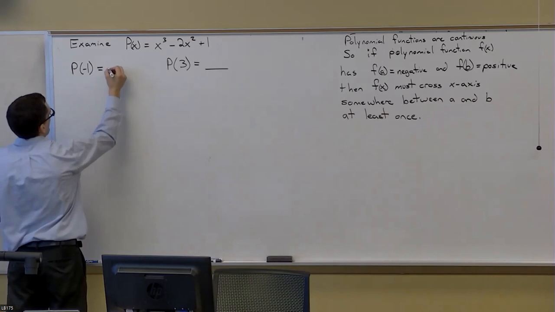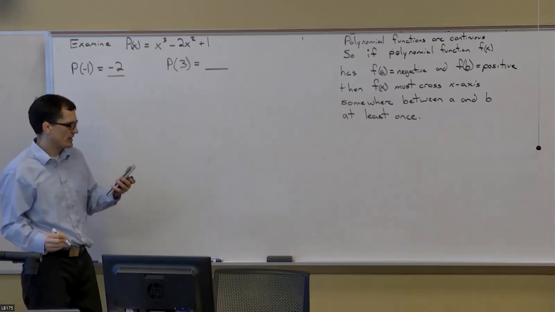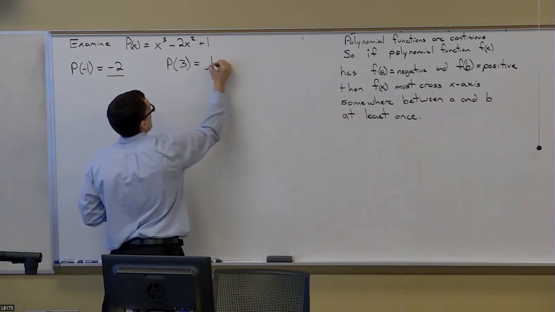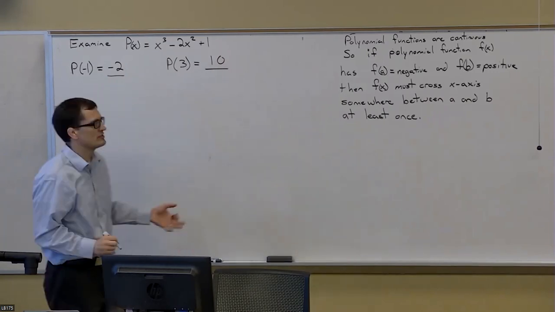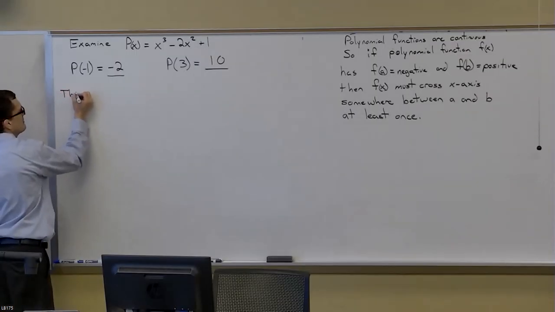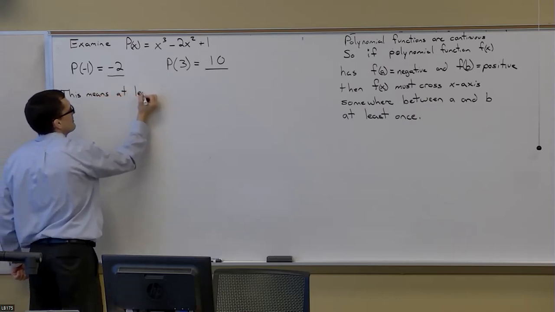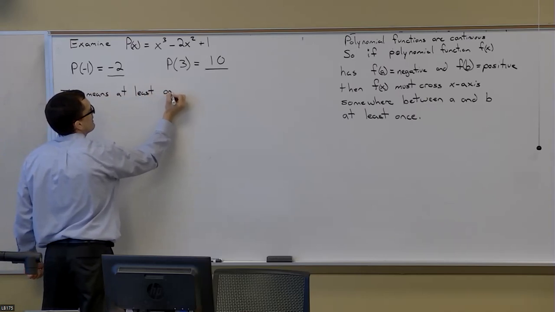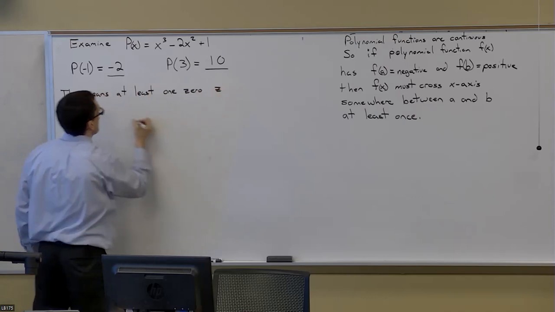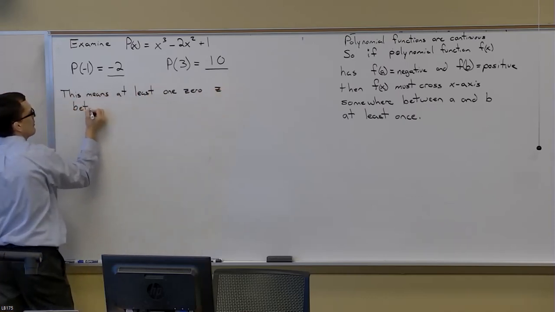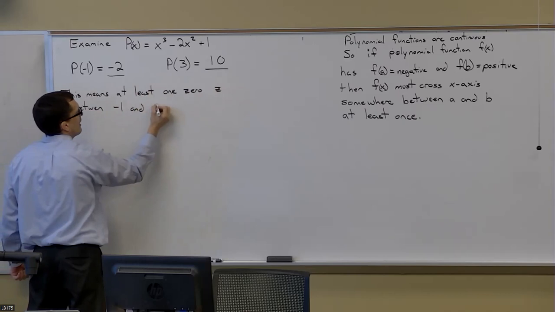When I plugged in -1, I got -2 as the output. When I plugged in 3, I got 10 as the output. So from what we just saw earlier, this means at least 1 zero, we'll call it Z, between -1 and 3.